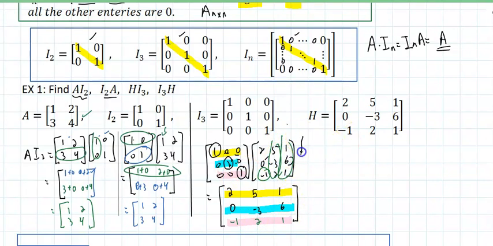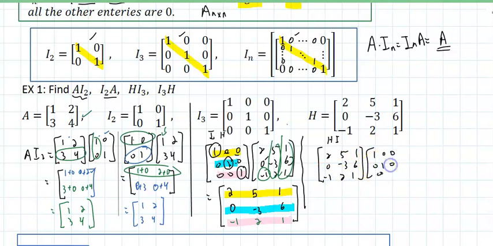And if I want I times H, I'm sorry, if I do H times I, well, write H first, multiplied by 1, 0, 0, 0, 1, 0, 0, 0, 1.